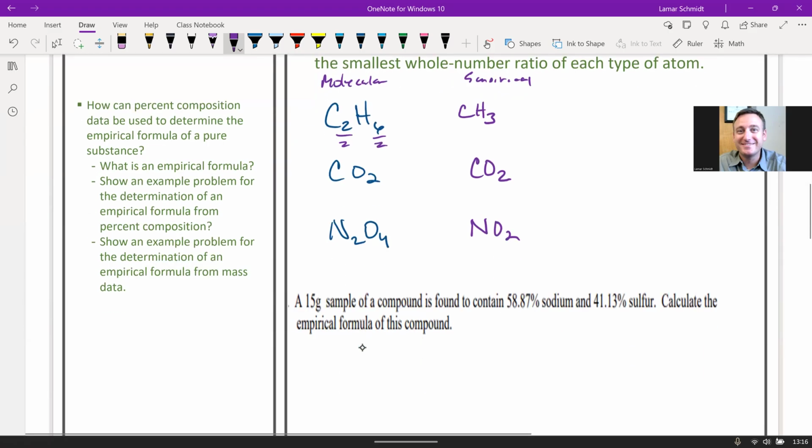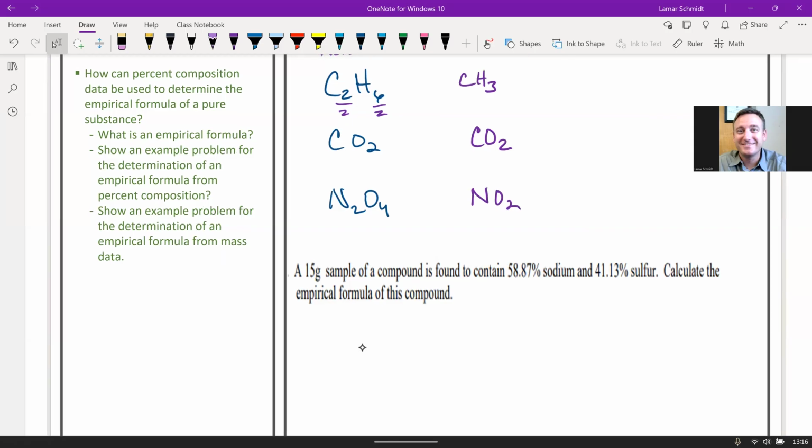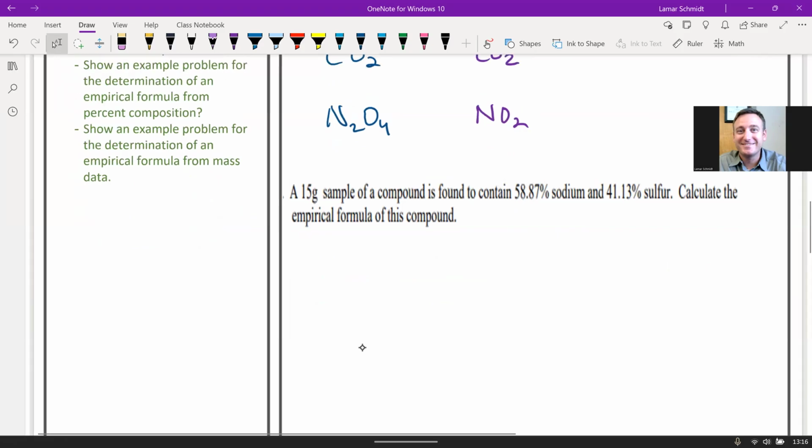All right, then it says, show an example problem for the determination of an empirical formula from percent composition. Now, there's a couple ways we can handle this problem. Sometimes when you're given percent composition, they tell you the total mass. Sometimes they don't.